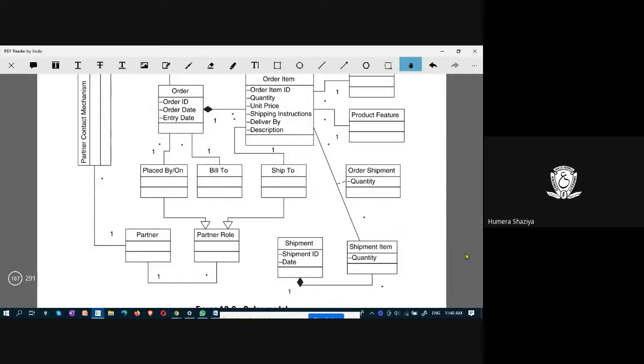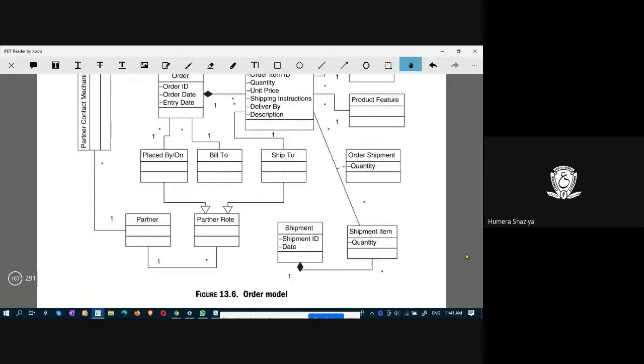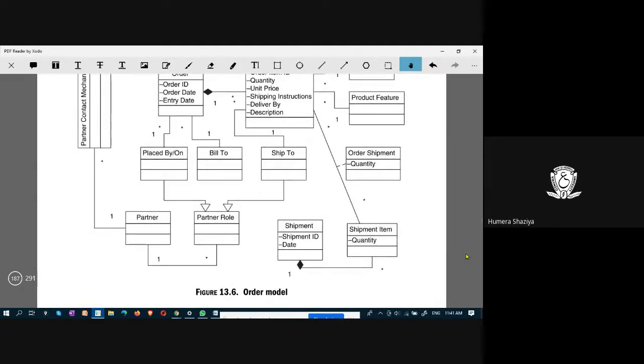If it is coming from the right side, it would be an employee or a third party. And this order item, when it has to be shipped through shipment item, how many quantities, would be a part of the main table, which is shipment. This shipment would keep track of how many items you are shipping in one shipment.